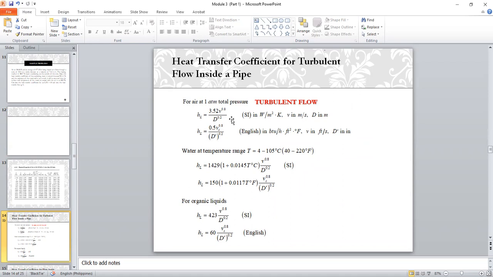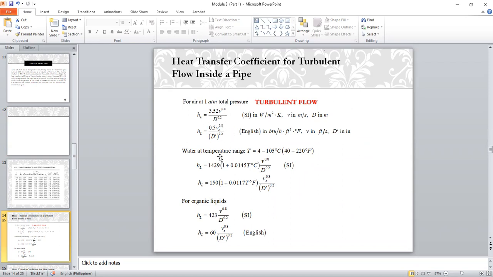In that particular problem, class, you may use this formula provided that you have the velocity here.